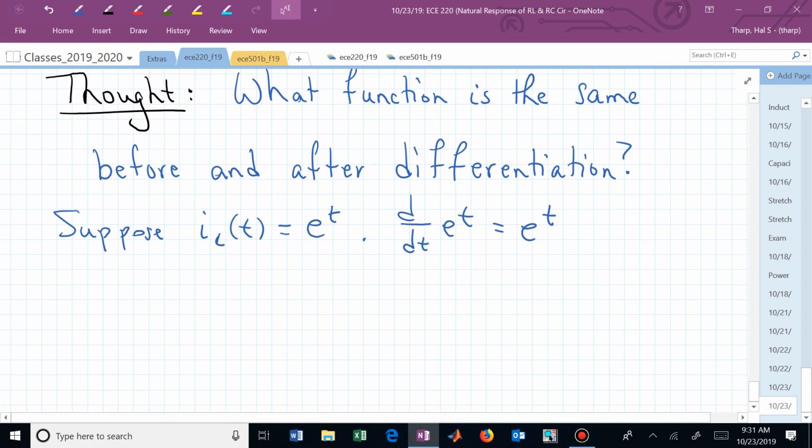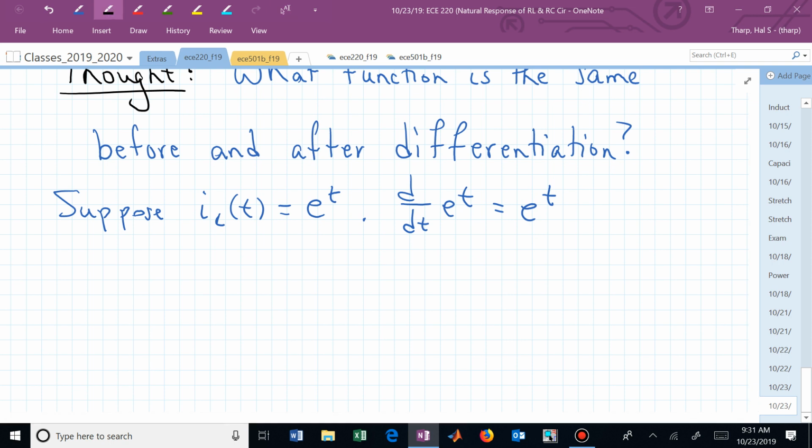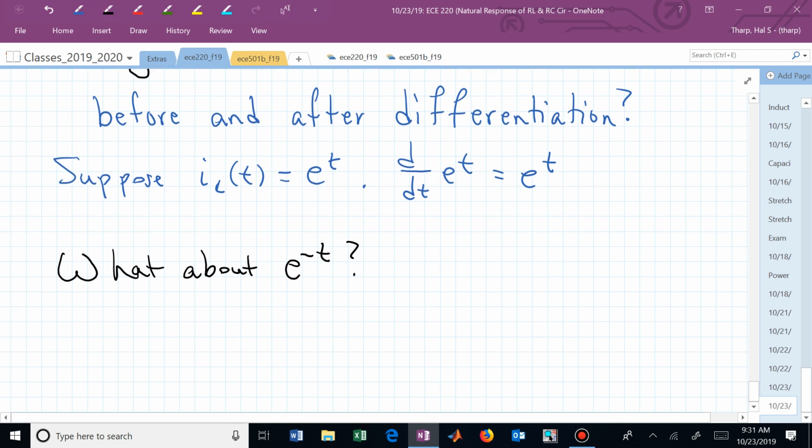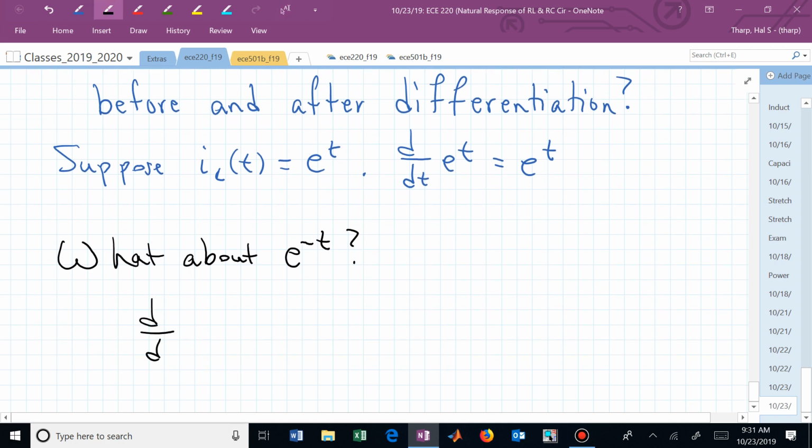But we can fix that. What about using e to the minus t? Now if we differentiate that, that's even better.